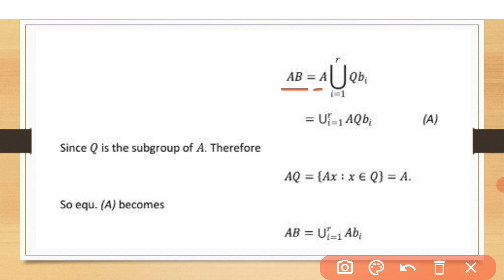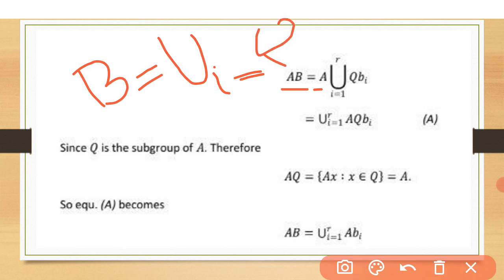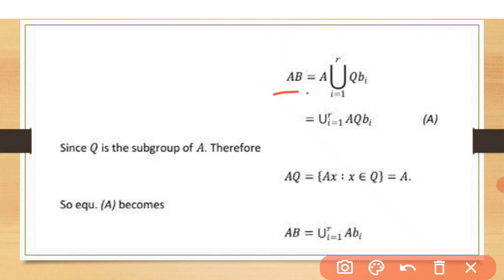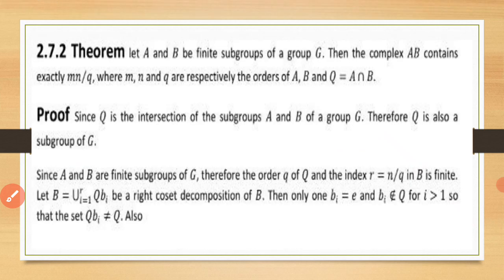AB is equal to A times B, and we have supposed before that B is equal to the union of all right cosets of Q in B. So AB is equal to A into the union of all right cosets Bi Q, and since Q is a subgroup of A, because we have read here that Bi does not belong to Q.